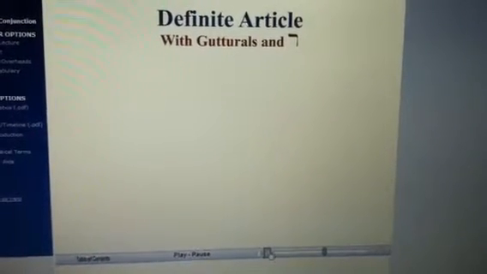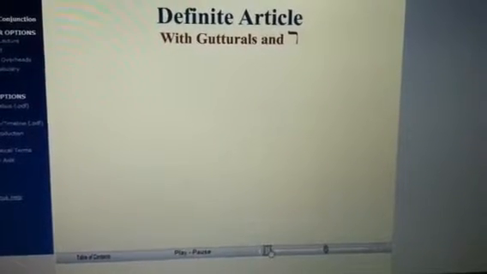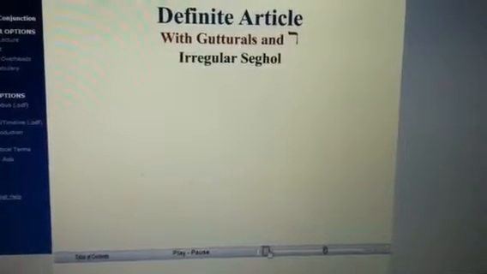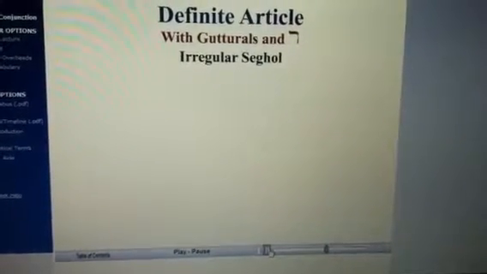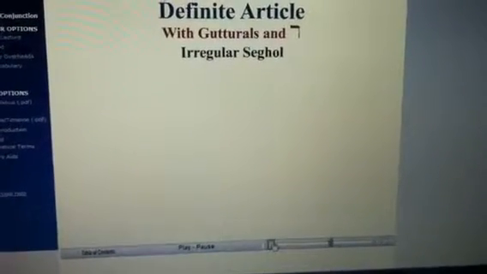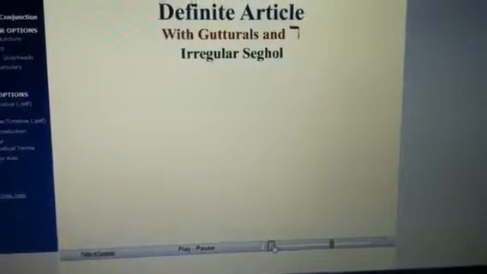And now, our last pattern of irregular spelling of the article, when prefixed to a word that begins with a guttural. This pattern we simply call irregular segol. We present it on the bottom of handout 5D, section 5.4.3 in the grammar.